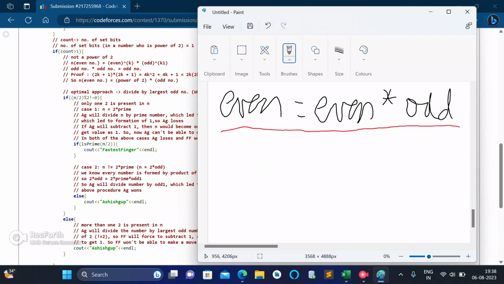We are given that the even number is a multiplication of even and odd. So this even can be written in many ways.